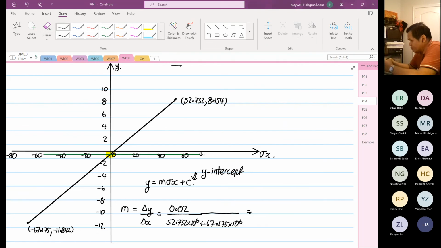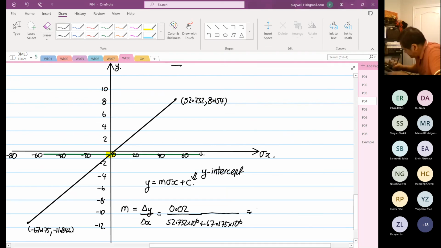So 0.02 divided by this is equal to 166.796 times 10 to the power of minus 12. And I just want to write the units.